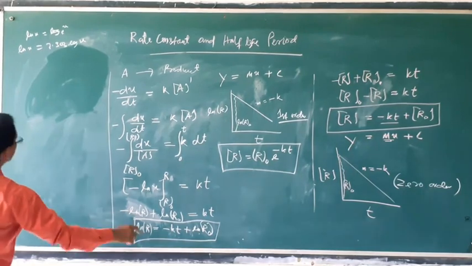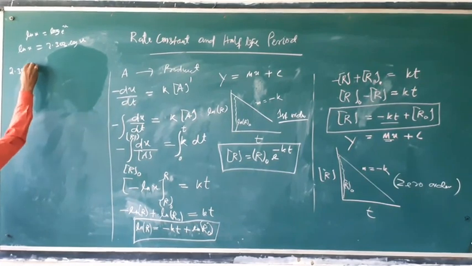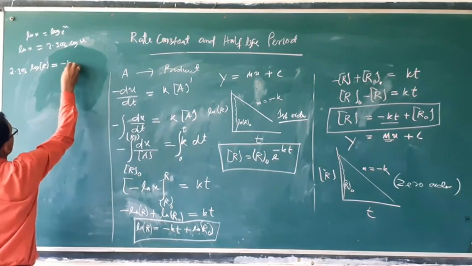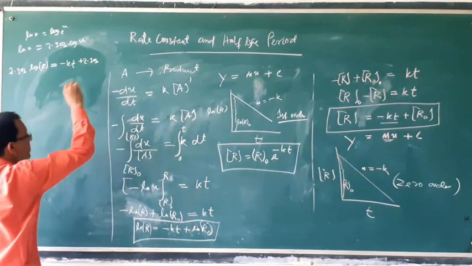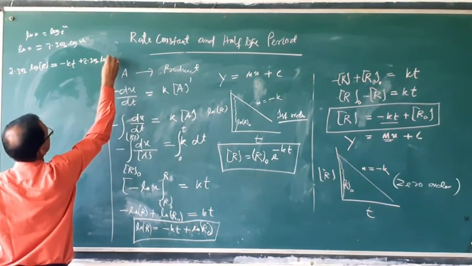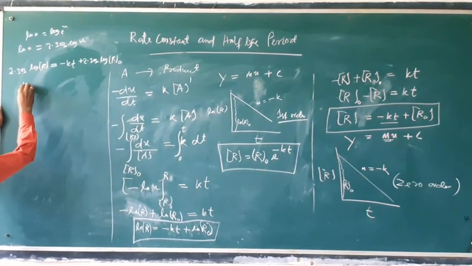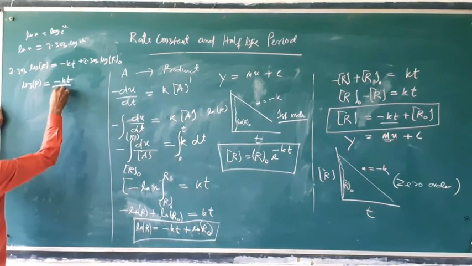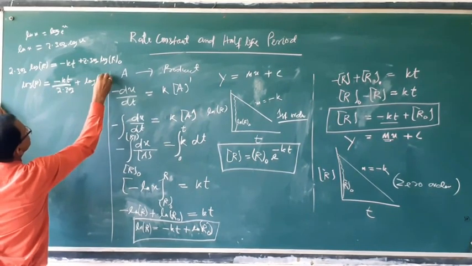So the above equation will be 2.303 log r is equal to minus kt plus 2.303 log r0. Okay, so if you divide by 2.303, log r is equal to minus kt by 2.303 plus log r0.